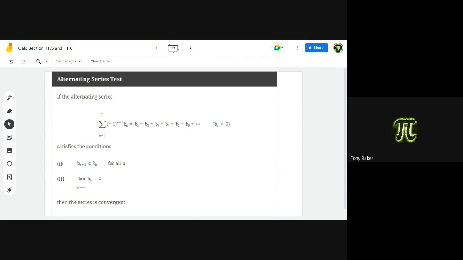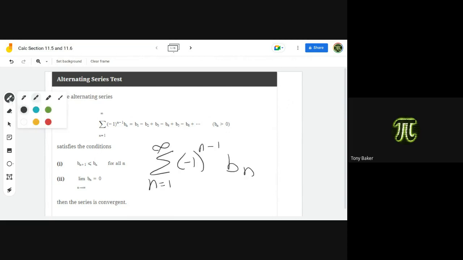The second one is it's got to be decreasing. And just like we did with the integral test, the decreasing part sometimes is the hard part. All right, it's got to be decreasing from term to term. And again, the big thing with doing the alternating series test is we're looking at this part right here.